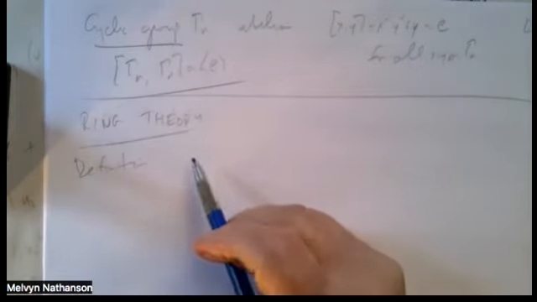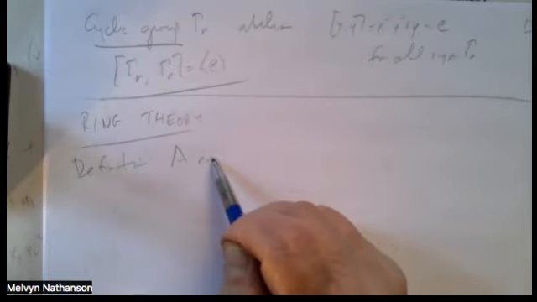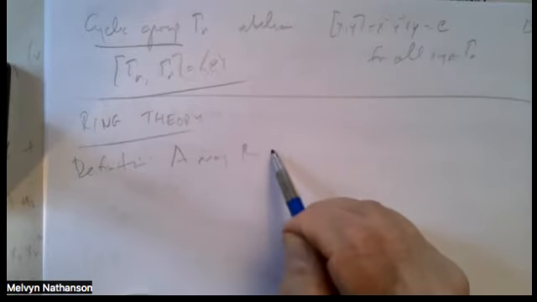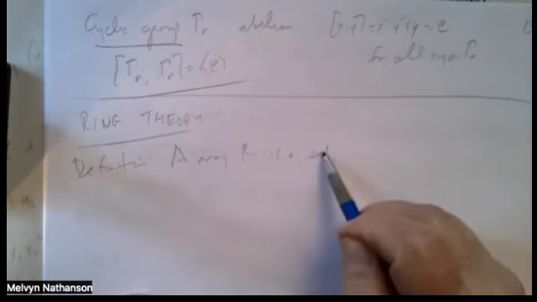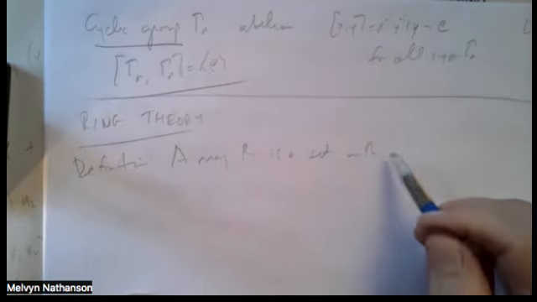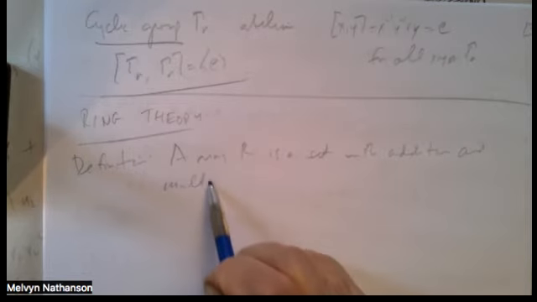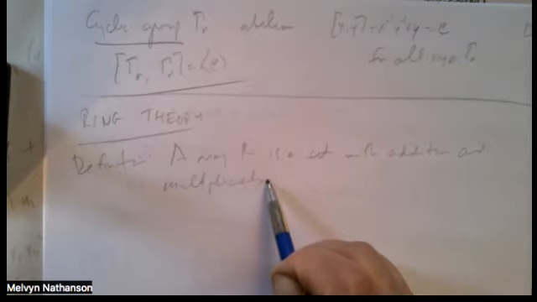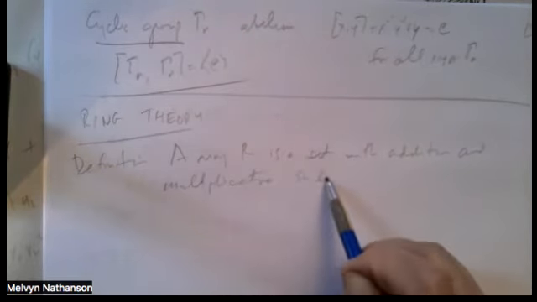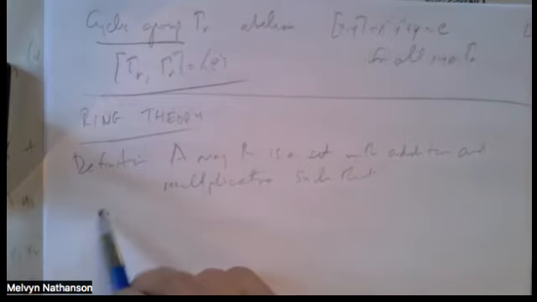So, recall the definition. A ring R is a set with two operations, addition and multiplication, such that the following properties are satisfied.